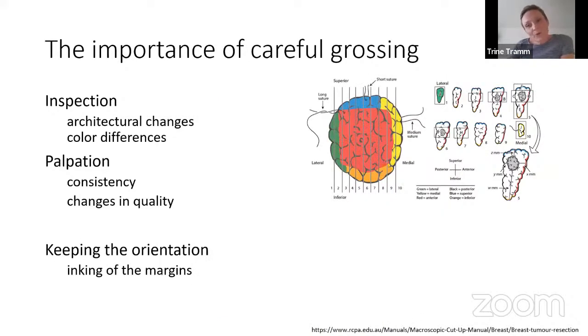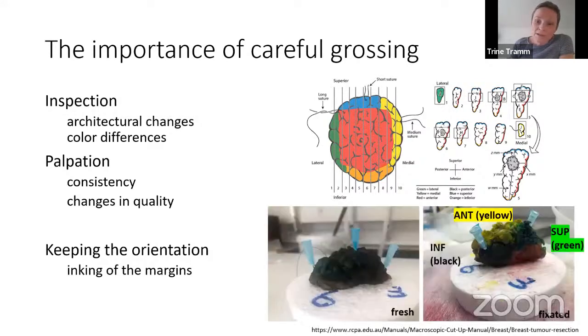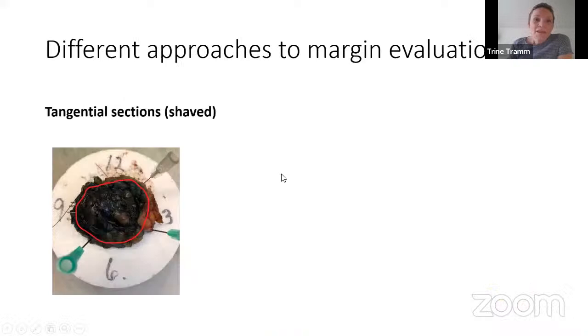It is, of course, very important that we keep the orientation that you have put on the specimen, and we do that by inking the margins, and this ink we are able to see in the microscope. But there are different approaches to margin evaluation, and there's no consensus on how to evaluate margins and how many sections to process.